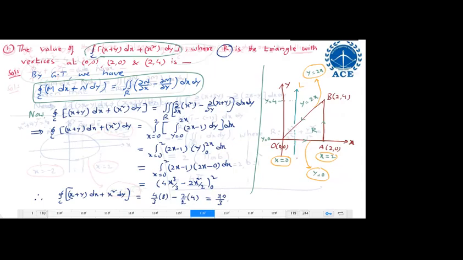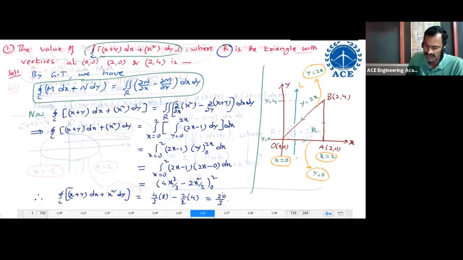Check it once again, whether it is correct or not. I wrote the answer directly from the options only. So you check whether it is correct or not. I will check it.